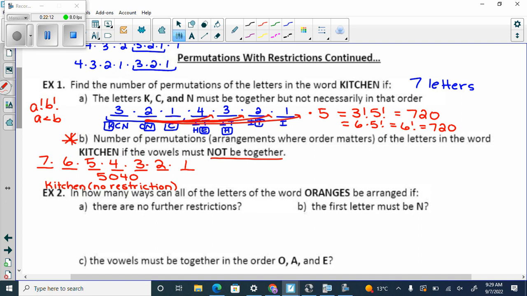So now I need to find out all the ways the vowels are together. So we do what we did in the previous one, but now with the vowels. How many vowels are in kitchen? There are 2. There's an I and an E. So I'm going to hook together 2, correct?